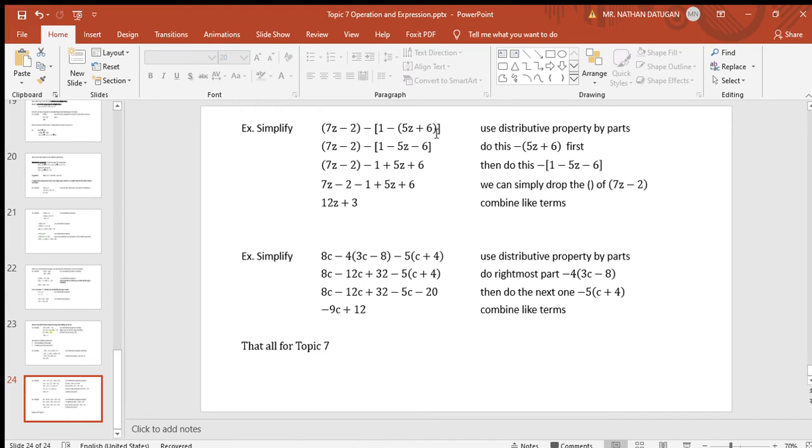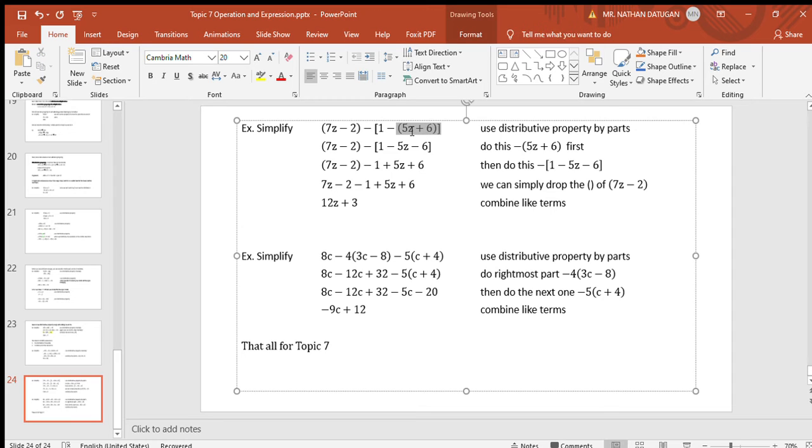So we have this 5z plus 6, right? And can we simply drop the parentheses? No, we can't. You know why? Because of the operation of this minus. Again, we're just going to treat it as if this part is not there, so we're just going to deal with 5z plus 6 multiplied by negative 1.